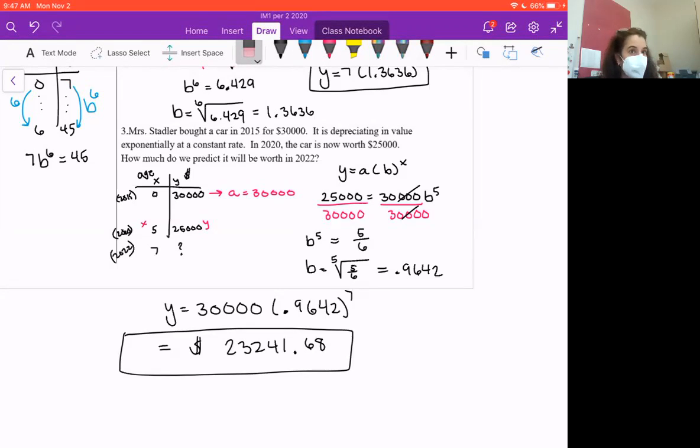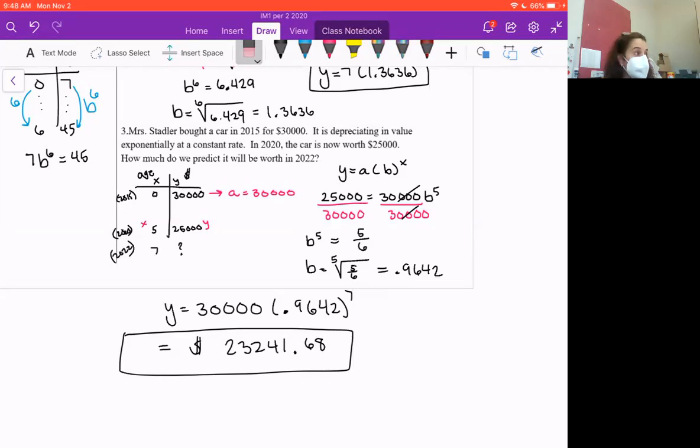So whichever calculator you're using today, whichever device you're going to be using when we do our ESA, make sure you know how to find a root button and use it. Okay, those of you guys that are in class, if you don't know where it is on your device, I am happy to help you out. Those of you guys that are at home, if you can't figure out where that root button is, holler out.